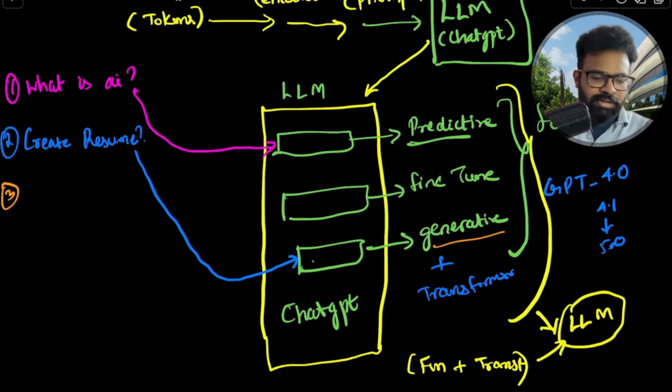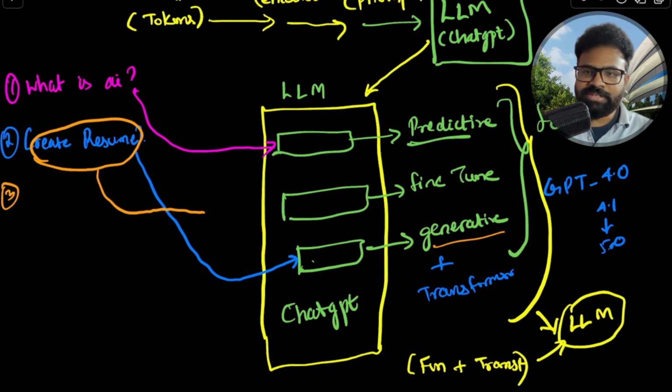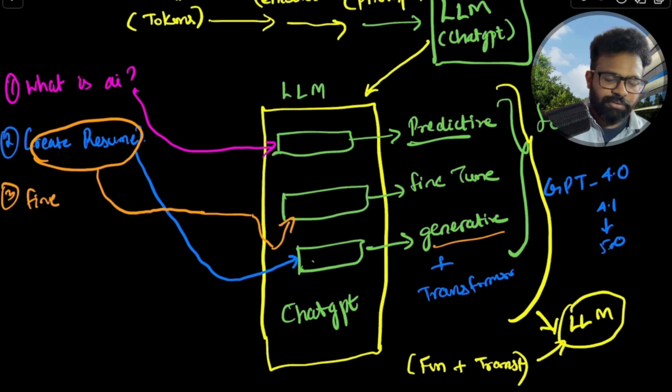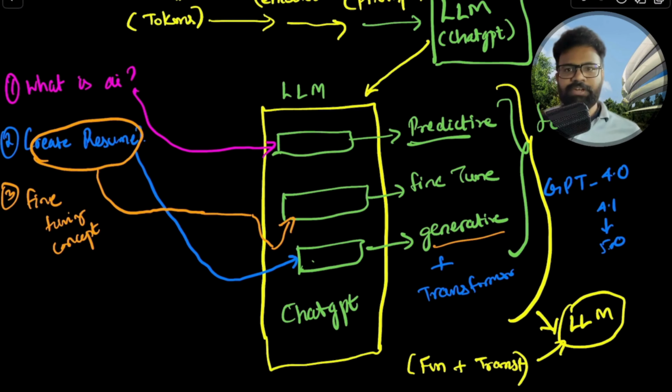It will again perform this task, but since it already has the existing data within itself, it is not going to go and generate it again. It might go to the fine tune functionality and then give you the output. So that will be the fine tuning concept with respect to the functionality given in the large language model.